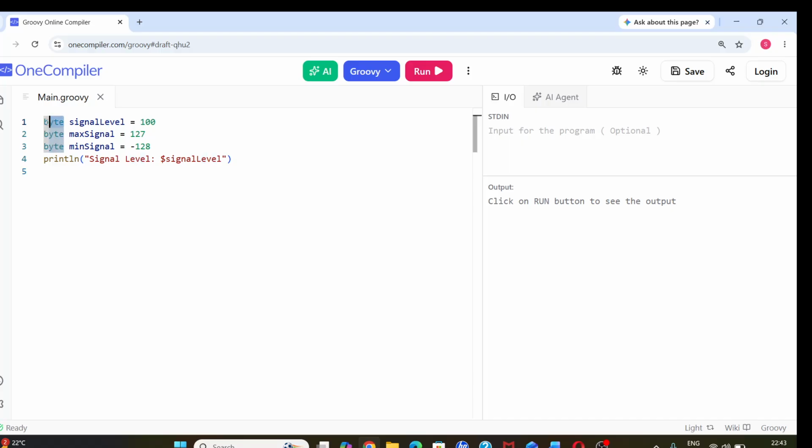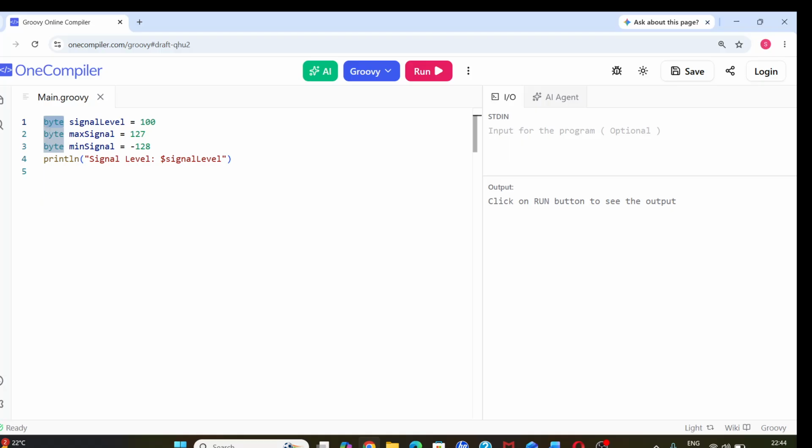Byte is a data type in Groovy that can store small integer values. It uses 8 bits, which means the range of values it can hold is from minus 128 to plus 127.